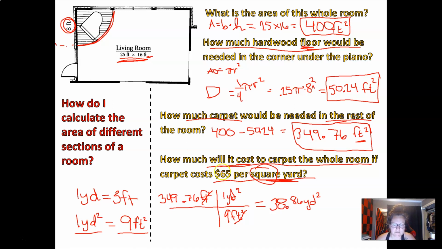And it costs $65 per square yard. So I'm going to multiply this by 65 because each square yard is going to be $65. And that equals a total of $2,526.04.